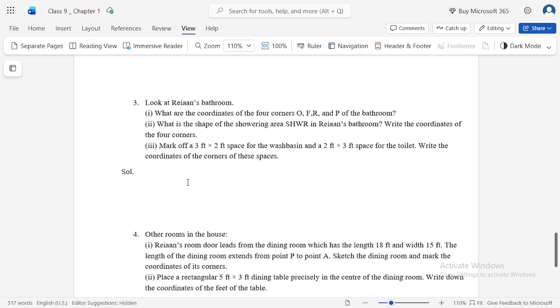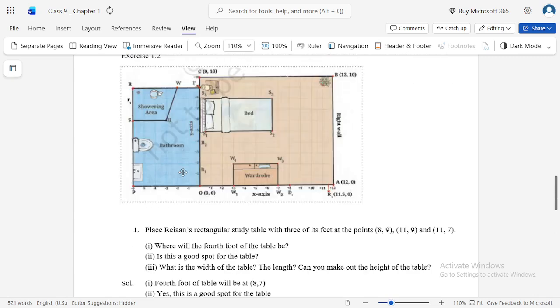Look at Rian's bathroom. The first part: what are the coordinates of the four corners OFRP? We have to write down the coordinates of O, F, R and P. Let's see.